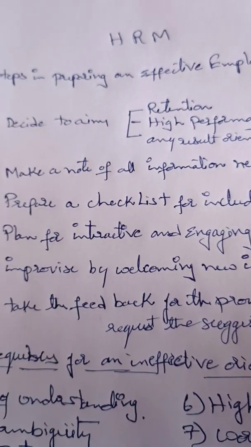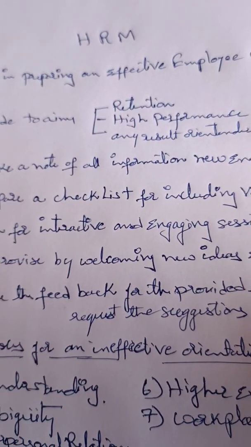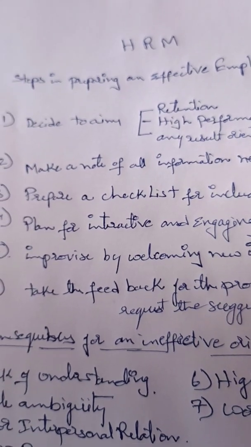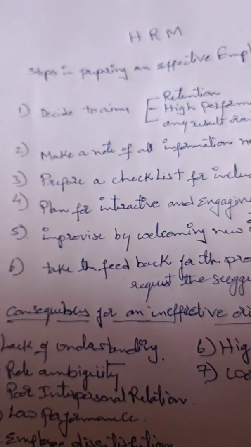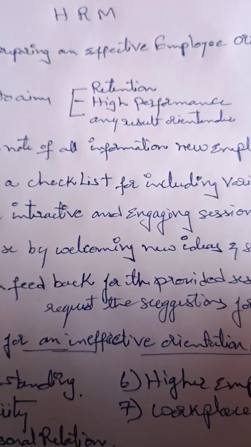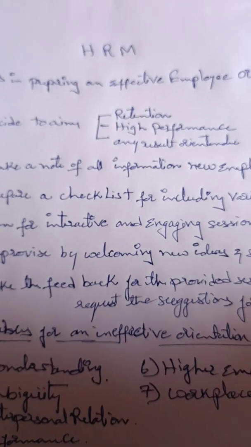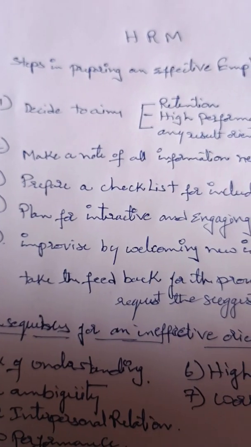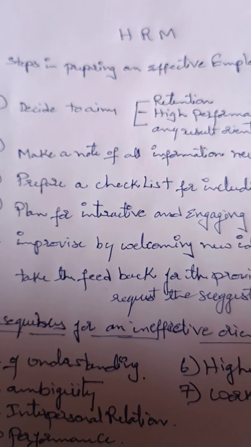You have to decide what is the decision factor on which you will plan your program. Next, you have to make a note of all the information that you can pass on, which will in turn help them in discharging the duties and responsibilities that you have given to them as an employee.